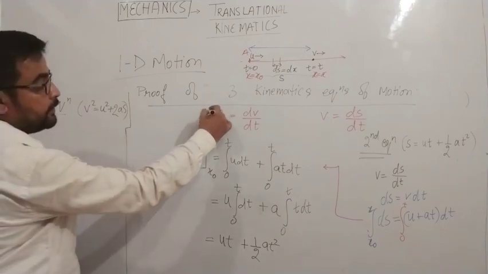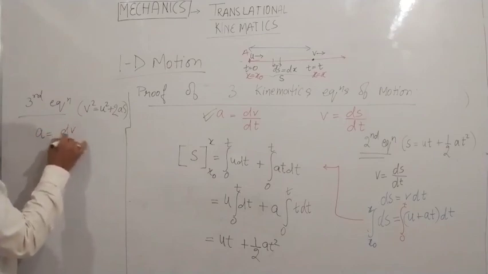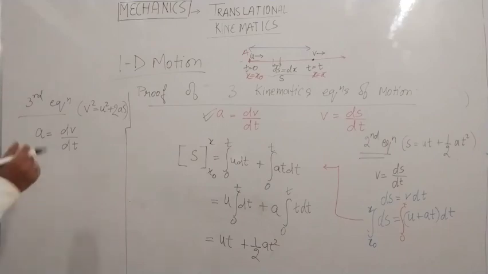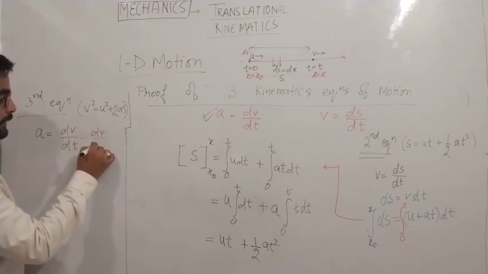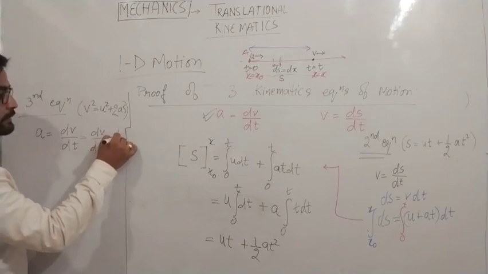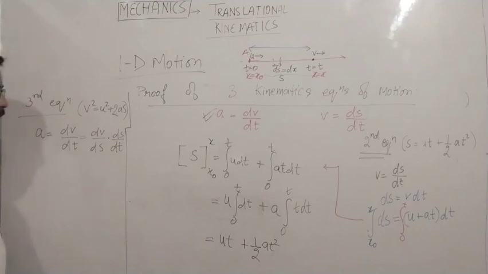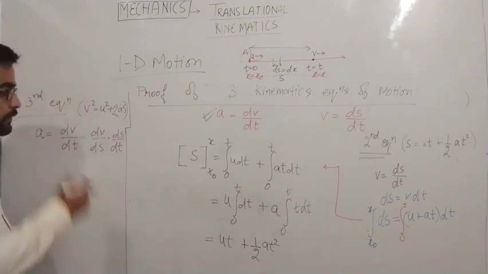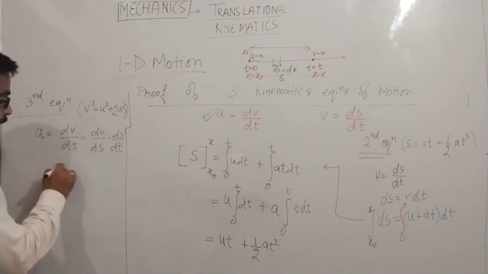So we will take this equation here. a is equal to dv by dt. We have to do some manipulation here. We can write it as dv by ds into ds upon dt, right?